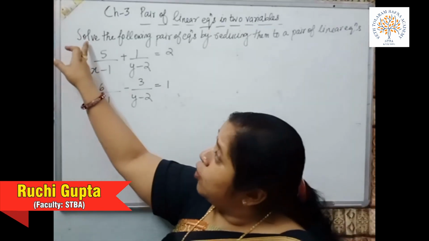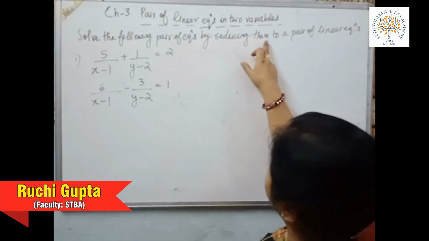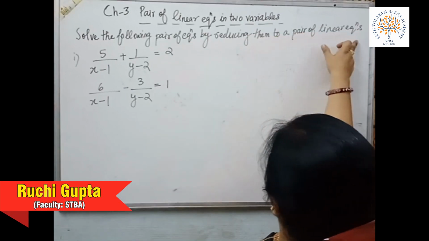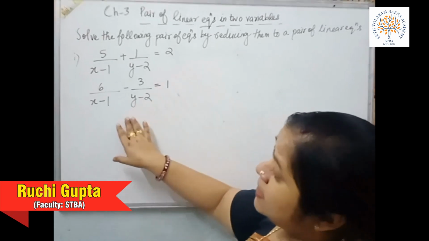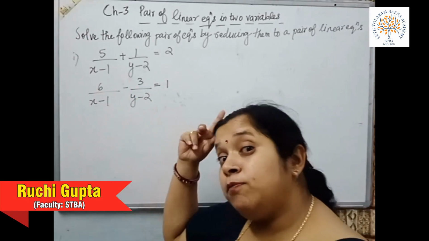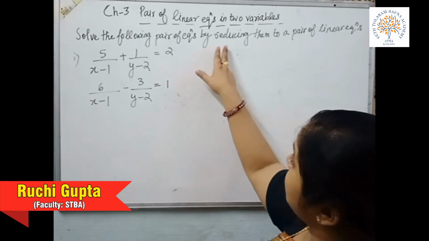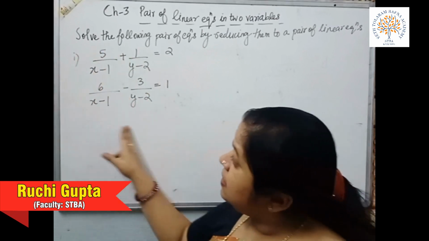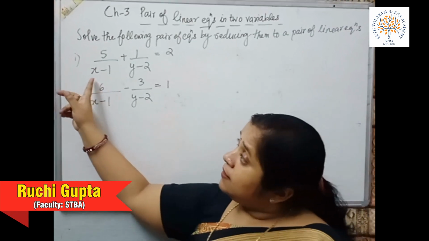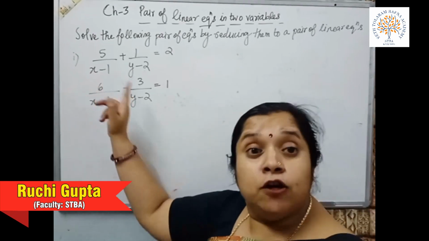So today my topic is: solve the following pair of equations by reducing them to a pair of linear equations. So dear students, what is different in this question from those questions which I have explained to you earlier? What is the meaning of the word reducing? Can you see in this question that the variables x and y are in the denominator?